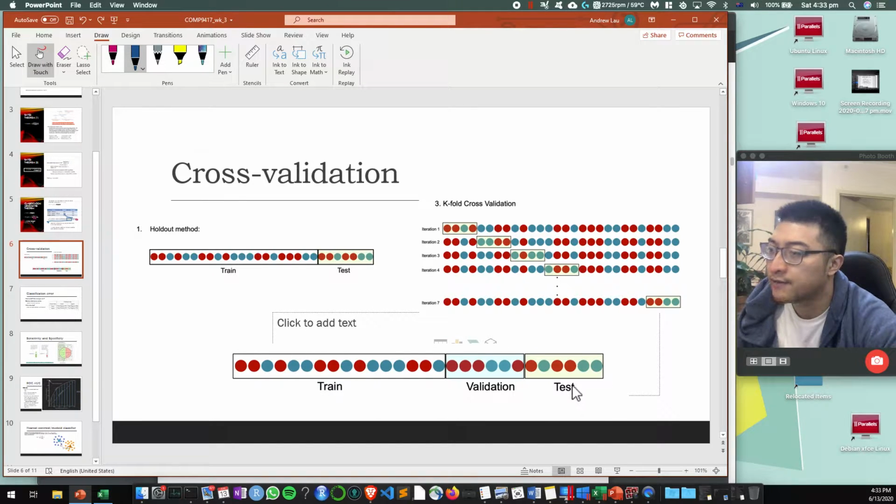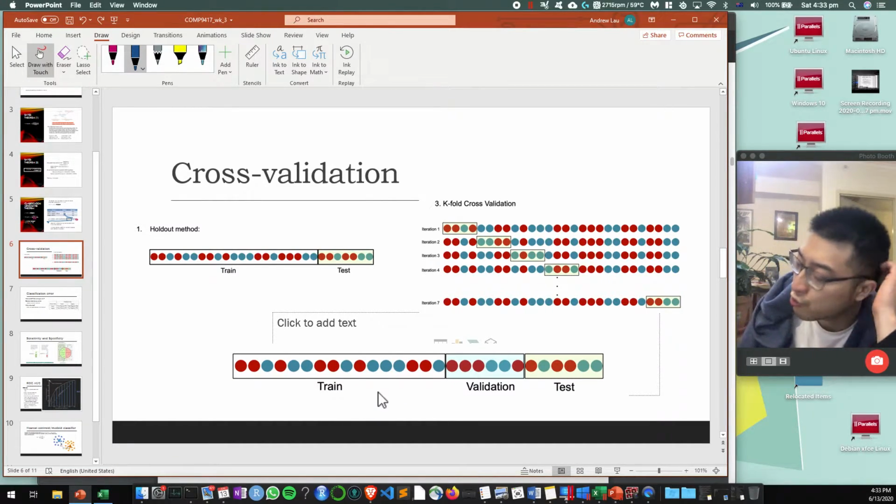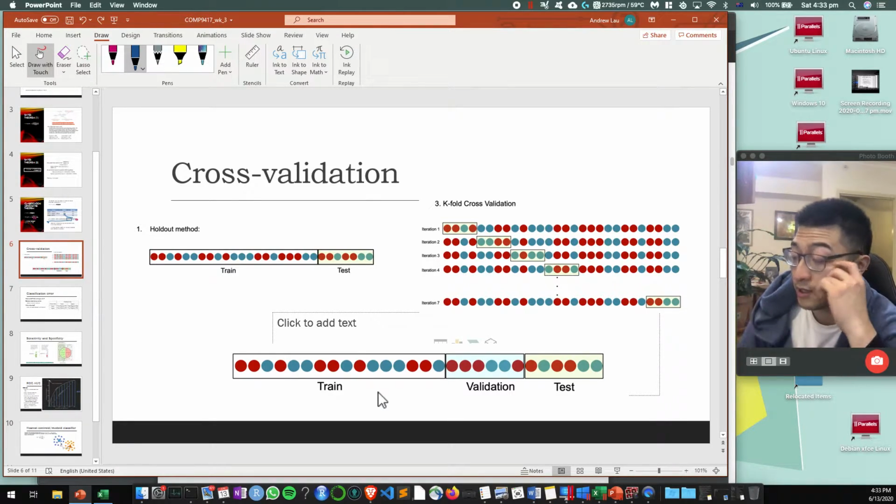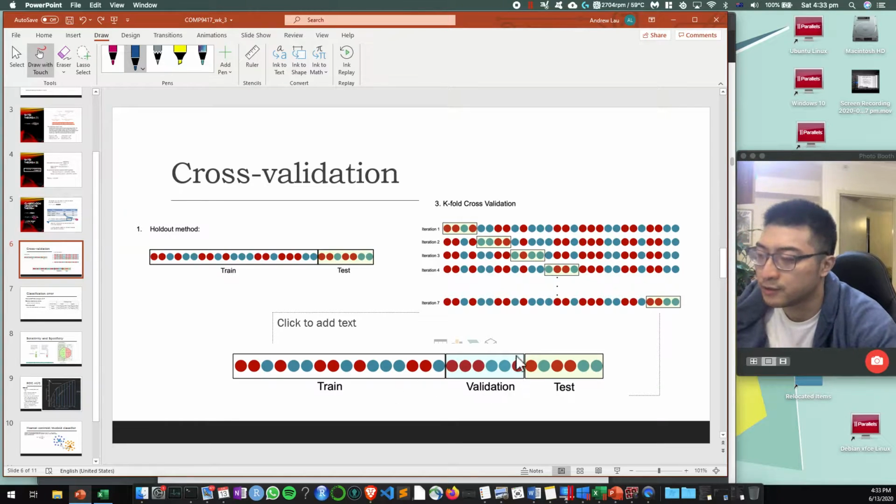You could even have your validation data set. Cross-validation can be applied at your training level, but you can also use it at the validation level.